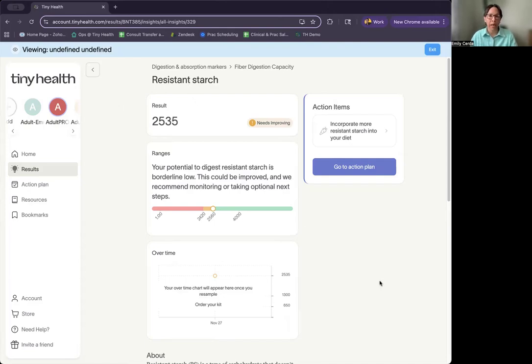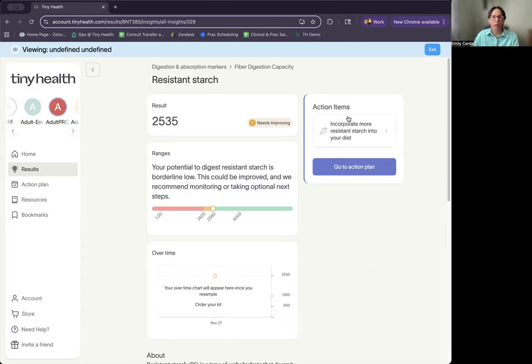Now, there's some caveats to that because as we lose these microbes and lose the genes associated with this digestive capacity, we also have reduced digestive capacity for this food type. So we can't go out tomorrow and eat all the resistant starches because the microbiome needs to build up that digestive capacity again. And if we did that, we may experience things like bloating and discomfort.